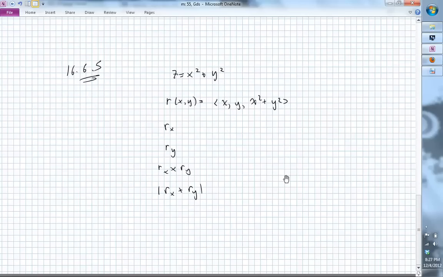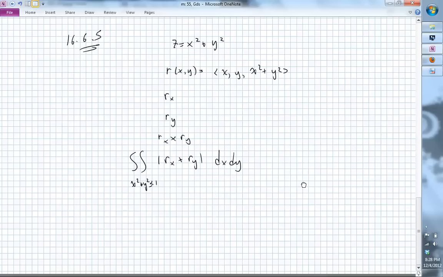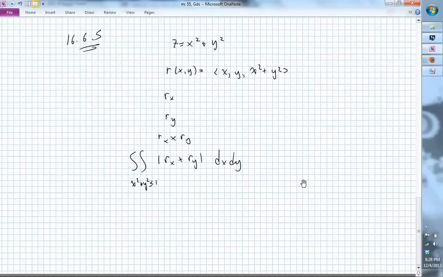And when you finally get down to it and you integrate this thing, right, now you've got this domain of integration x squared plus y squared less than or equal to 1. At this point, I would go polar. Okay. I wasn't sure where everything came from.